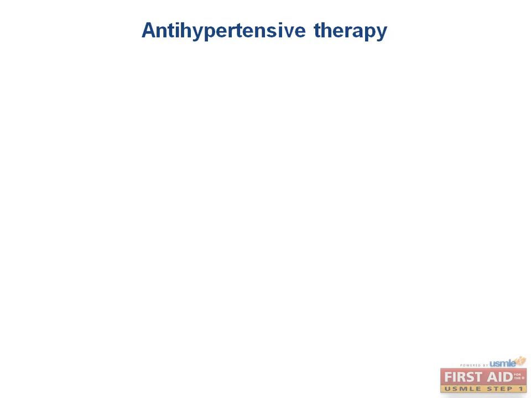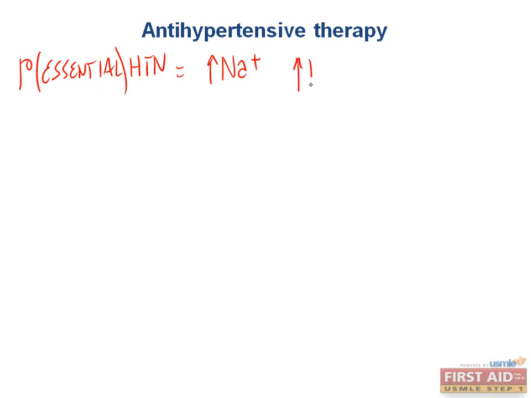So let's not waste any more time and get started with primary or essential hypertension. The exact pathophysiology of the disease is not completely understood or clear, but I like to think about it as an excess or unnecessary sodium retention by the kidneys due to inappropriate neurohormonal renal responses, particularly overactivation of the renin-angiotensin-aldosterone system.